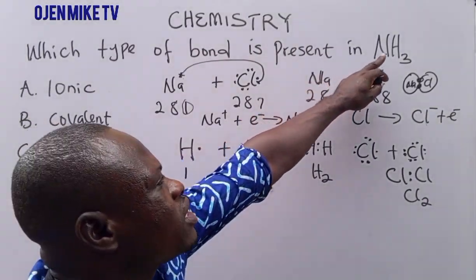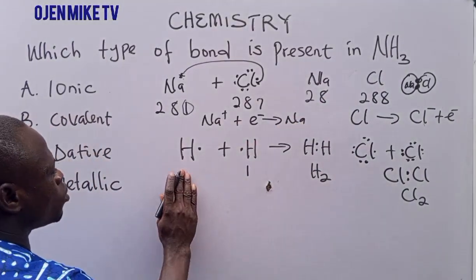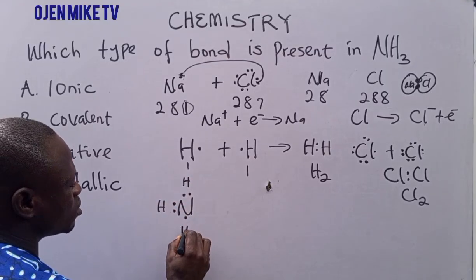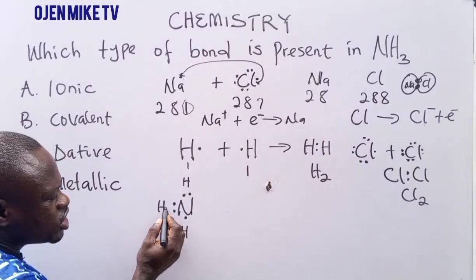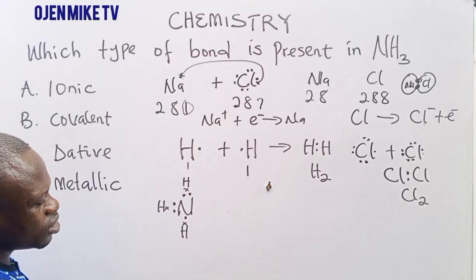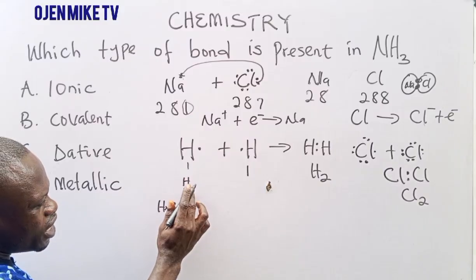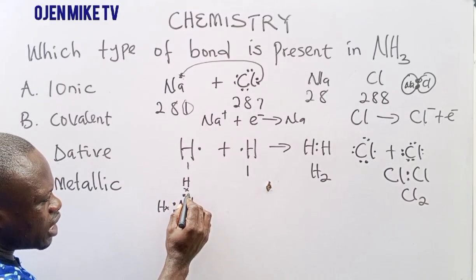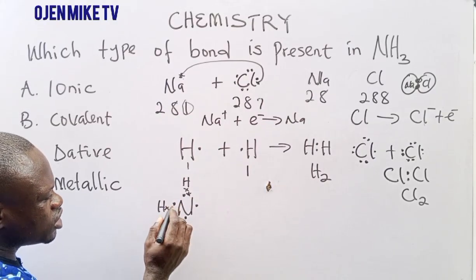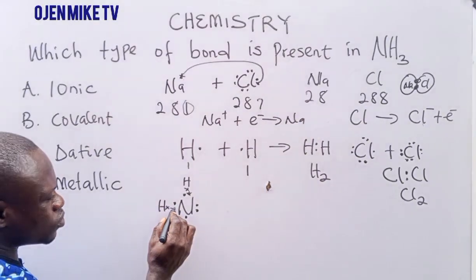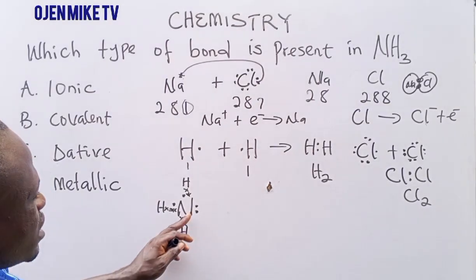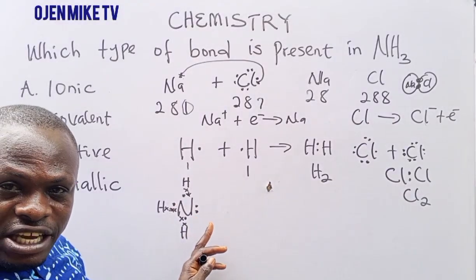Hydrogen, on the other hand, we have 3 atoms of hydrogen, H, H, and H, each with 1 electron. Each hydrogen's electron will cross to this side and take the place of this one. You can see that, look at how ammonia is here.